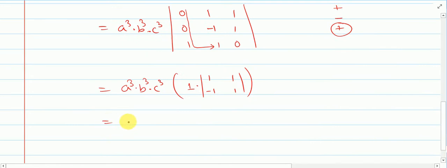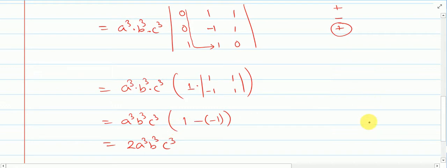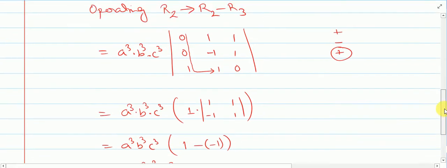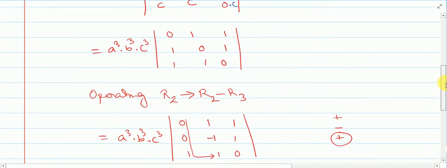So here we are getting a cube, b cube, c cube, and here 1 minus minus 1. So we are getting 2 times a cube, b cube, c cube, okay. So this is your answer for your 7 2, okay.